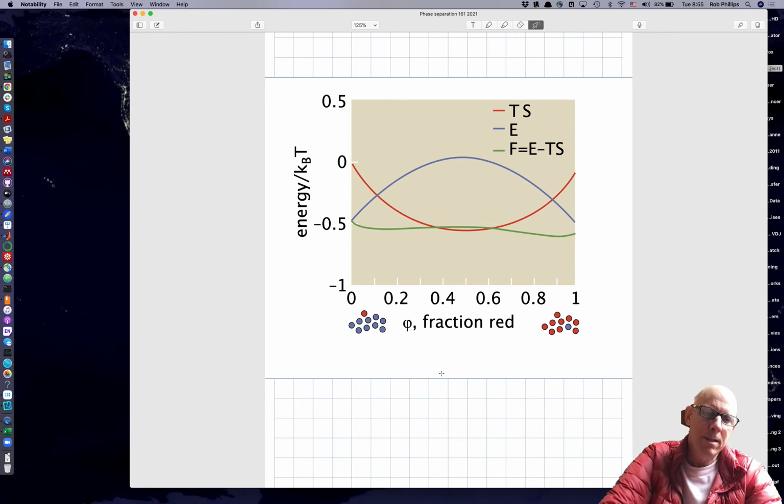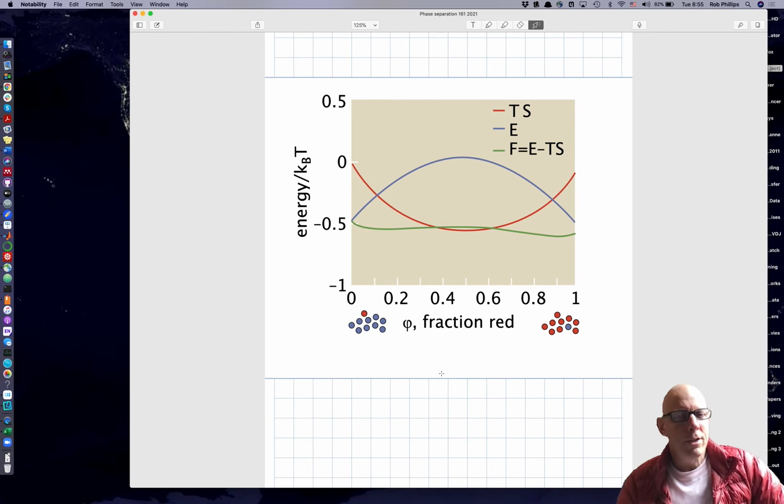So we have U minus Ts, or E minus Ts in my language here. And so we put those two pieces together and we find a free energy as a function of the fraction that's red. And then all we're really trying to do at that point is we're trying to find the free energy minimizer. Okay, that's the objective of the calculation. And we're going to use what's called Flory-Huggins theory in order to carry out that calculation.